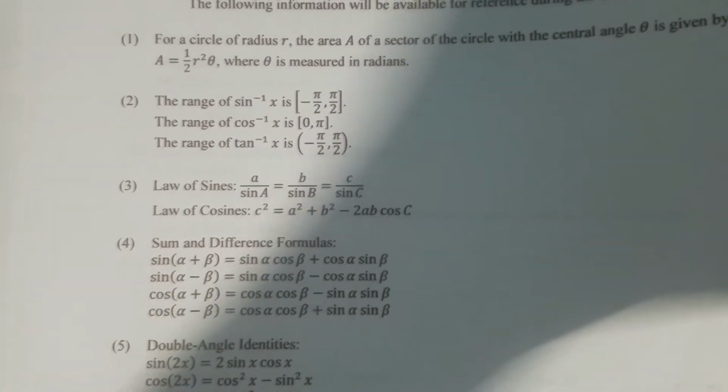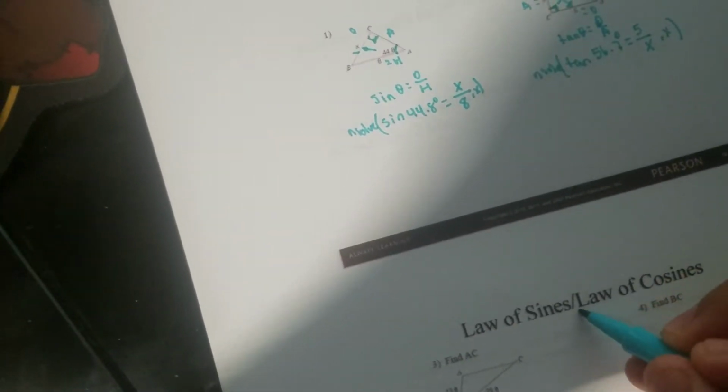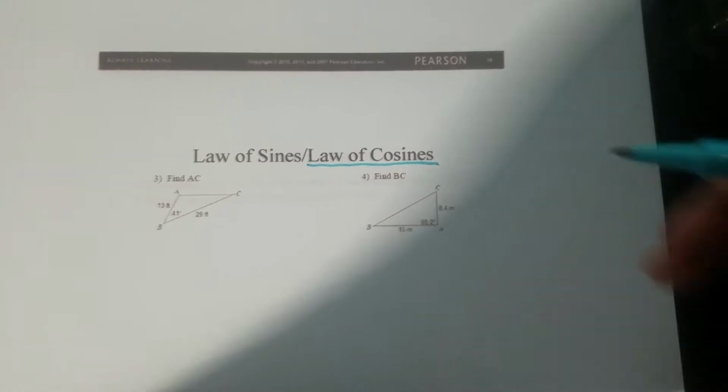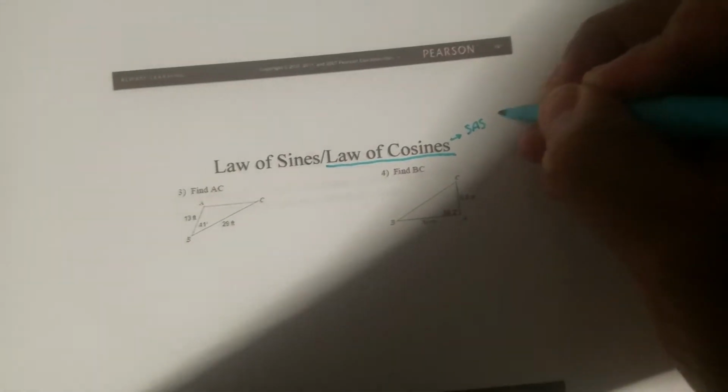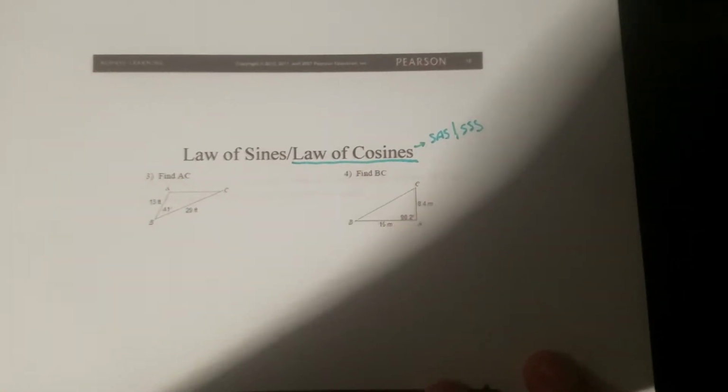Okay. So you need to remember that law of cosines, this one I use when I have side angle side or side side side. Okay. Law of sines is what I use if I don't have this situation.